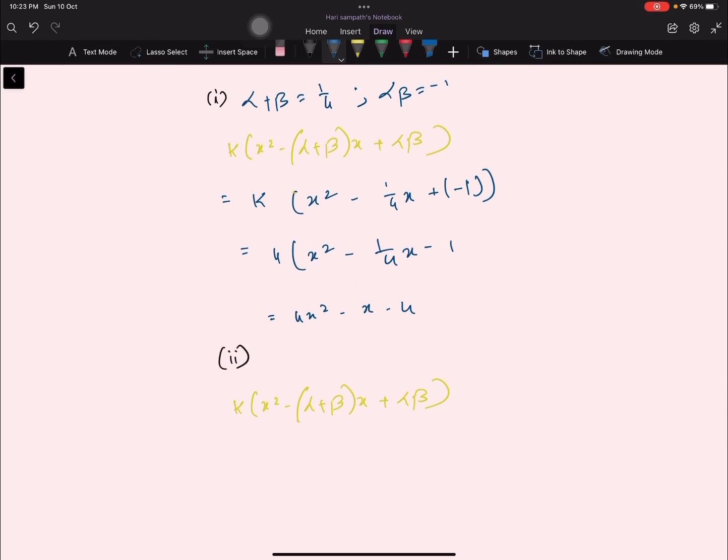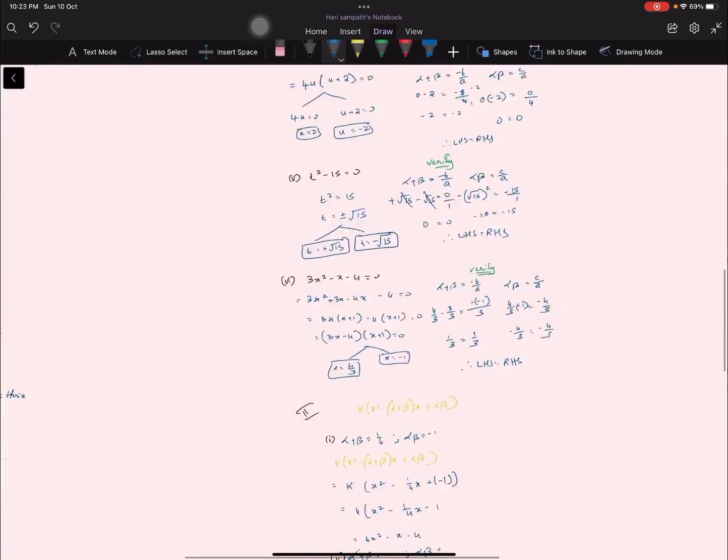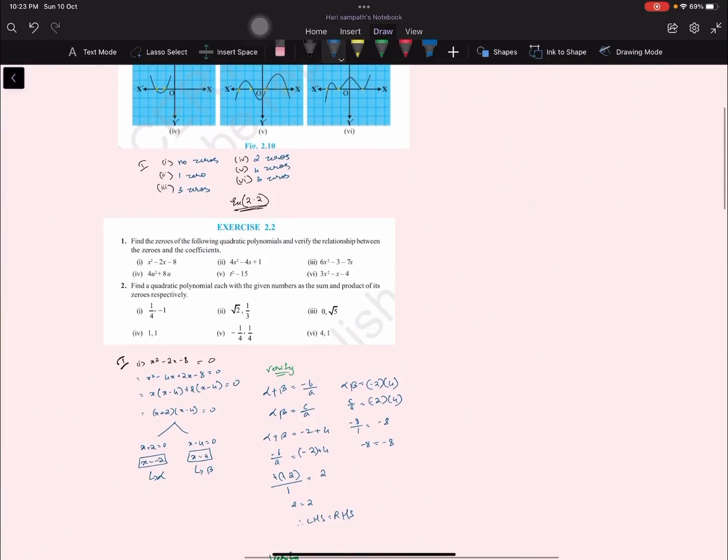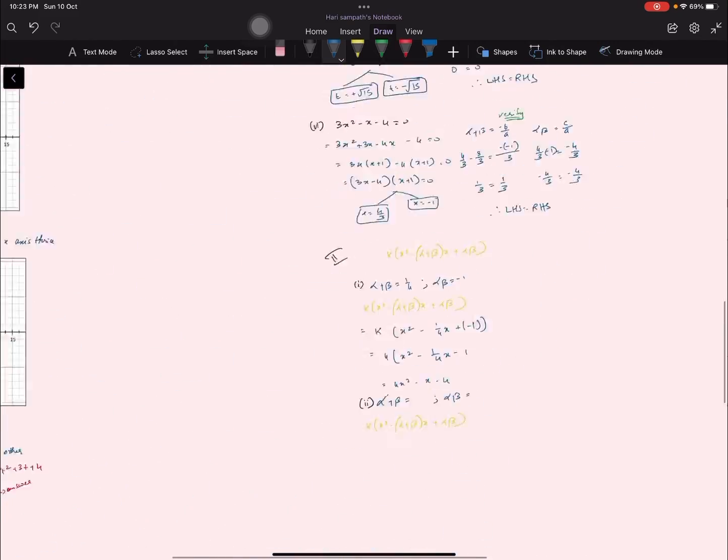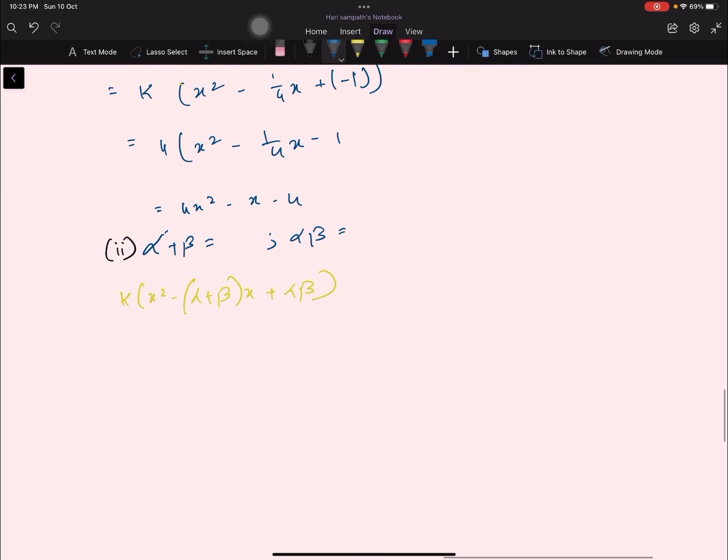Next, for the second question, alpha plus beta equals, and alpha beta equals, let's see what it is. Root 2 and 1 by 3. So k x square minus root 2x plus 1 by 3.